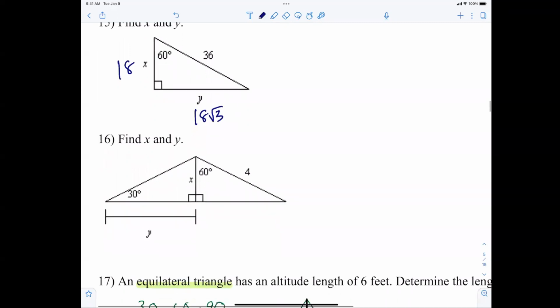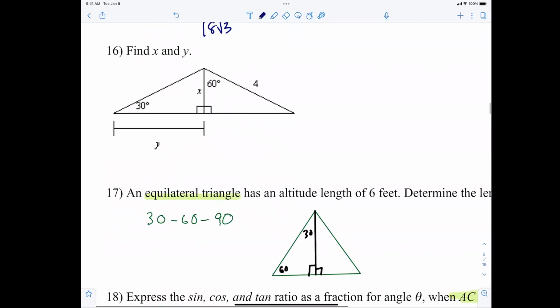All right, so over here, we have some issues. Well, this one's kind of easy, right? What's X? 2. Beautiful. So what's Y? 2 radical 3. Is everybody happy with that?